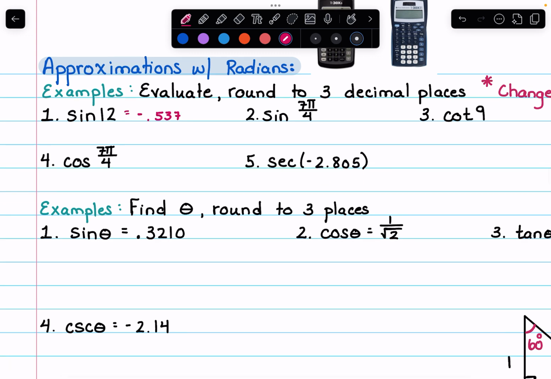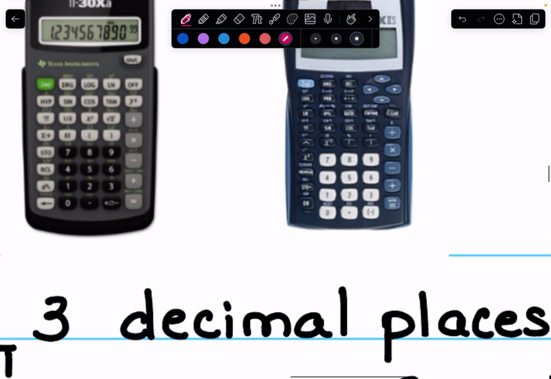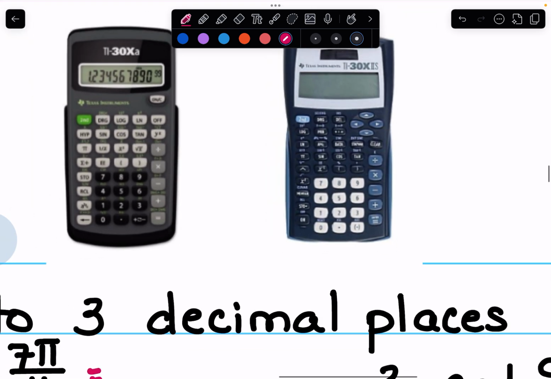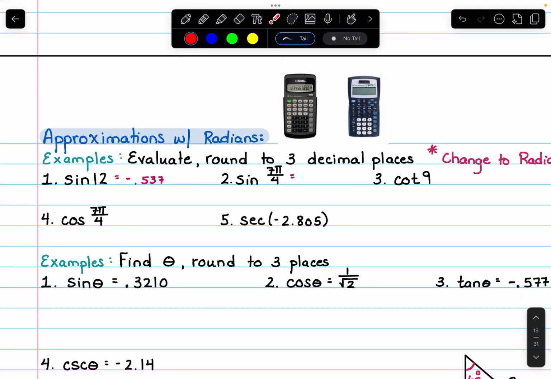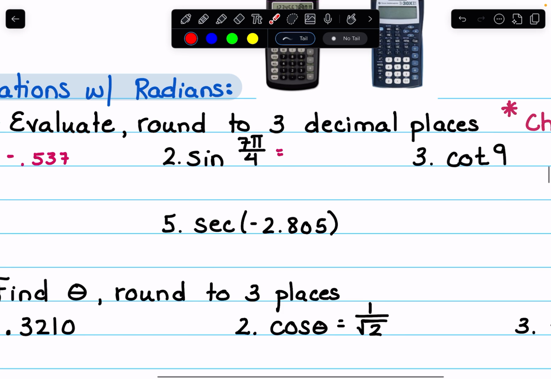Same thing with number 2. You have a pi button right above that little arrow right here, and then right here. So same spot on both calculators. So you would hit sine 7, your pi button divided by 4, and then close your parentheses, and you should get negative 0.707.